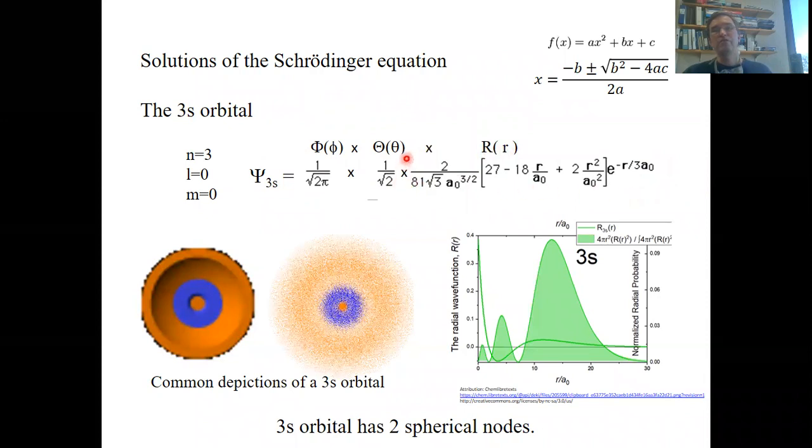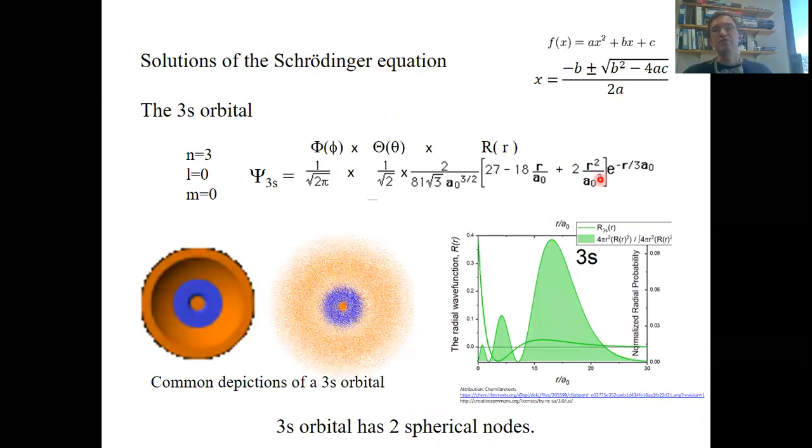And again, this term can be separated into three parts. This one here is a simple coefficient. Then we have again our exponential term, e to the power of minus r, now divided by 3 a0, and this term here. This term is 27 minus 18 r over a0 plus 2 times r squared over a0 squared.